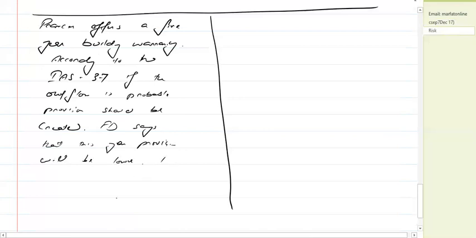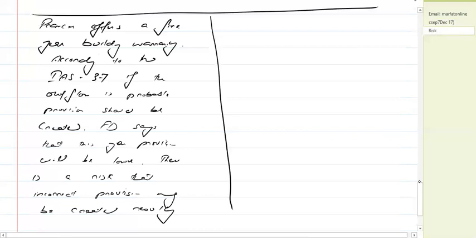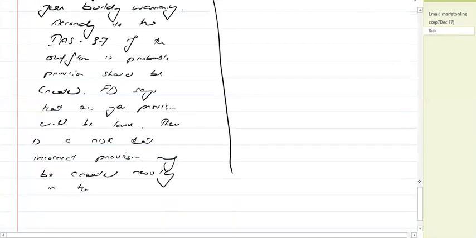There is a risk that incorrect provision may be created, resulting in the understatement of expenses and liabilities.